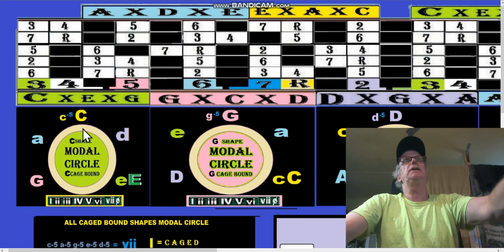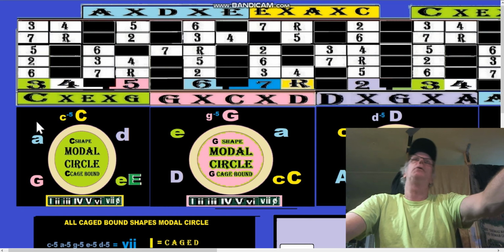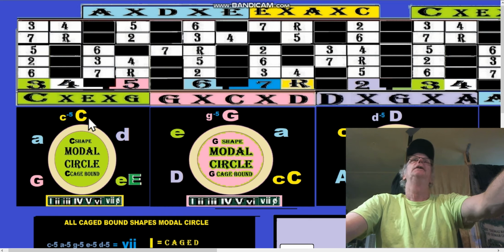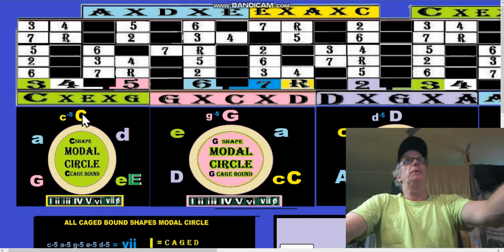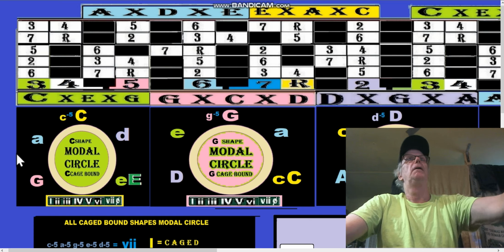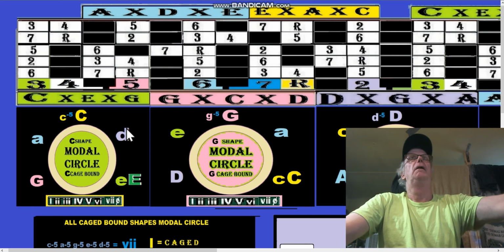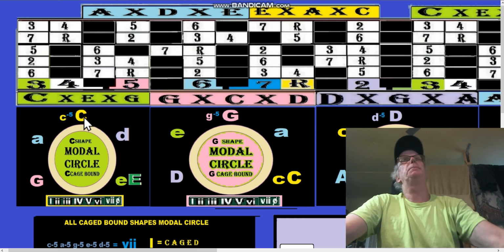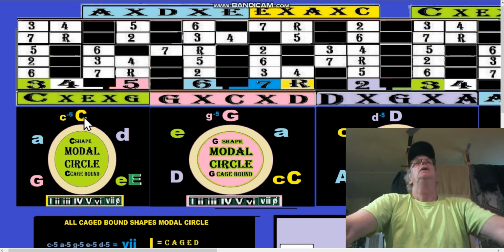C, D, E, G, A. And if you're going backwards, so you're doing this, then we will go down a pentatonic scale. I was looking at the piano. All right.